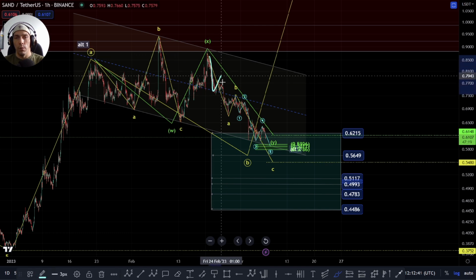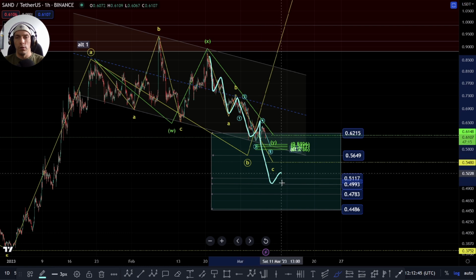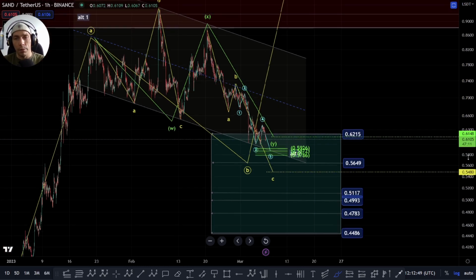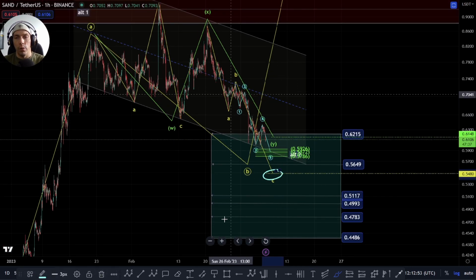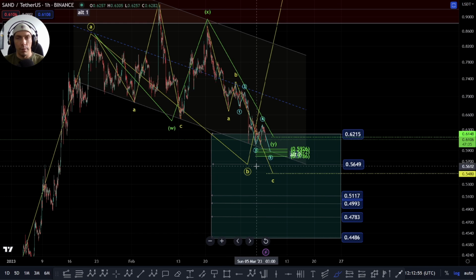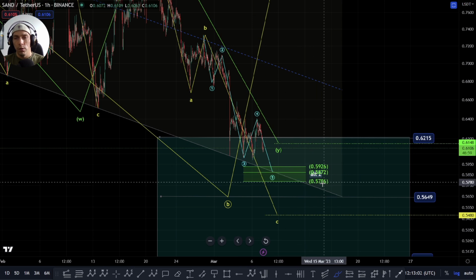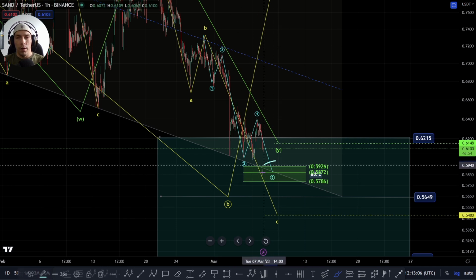So we could start forming 1 2 1 2. This could then become a 1 2, then we start to break down something like that and it starts to get more messy. But for the most part, we've achieved the Y wave 1 to 1, and this C wave 1 to 1 would be my next sort of target I'm looking at here. If we do look to push down beyond this 59.26 to this 57.86 range, so that'll be the primary target.